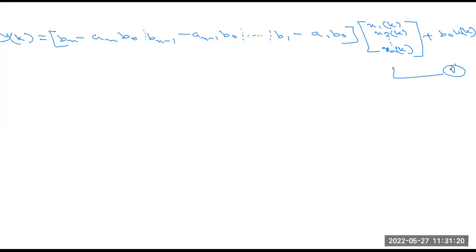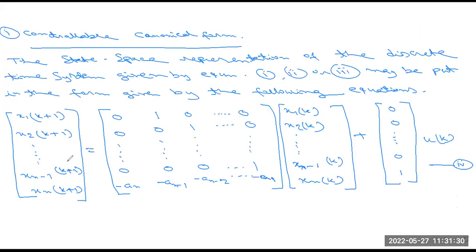This is equation number 5. So here you can see equation 4 and equation 5. Equation 4 is the matrix form of the state equations, and equation 5 is for the output equations.